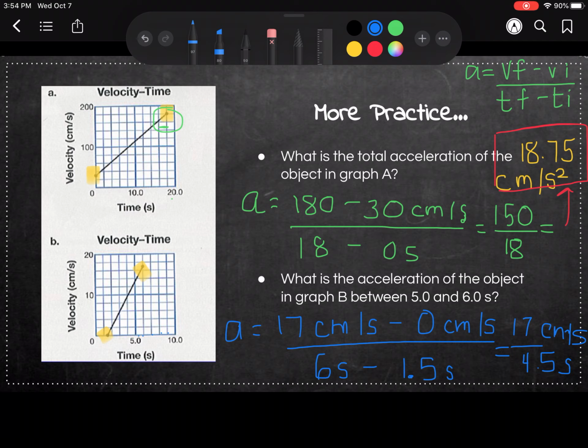We get 3.77 repeating, if we use a little arrow like that, this is 3.7778, and that is centimeters per second squared. Okay. That is the answer for that question.